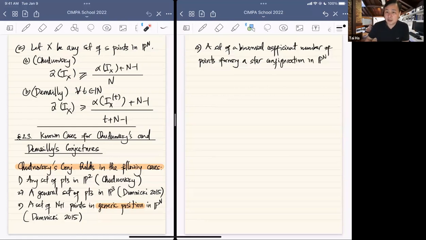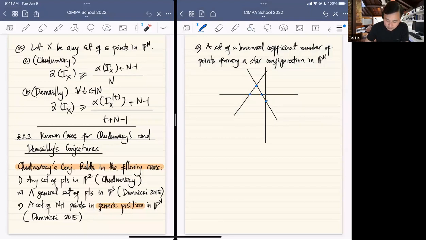So instead of explaining exactly what star configuration means, I'm going to just draw an example for you. So this is a star configuration. You have five lines, or maybe even four, that's fine, where they intersect nicely, meaning there are no three lines that intersect at the same point. And then you're looking at the intersection points. So if you have 3 lines, then you'd have 3 points.